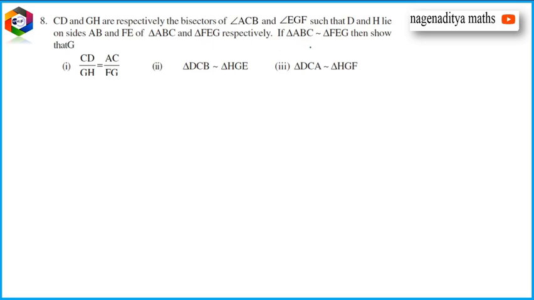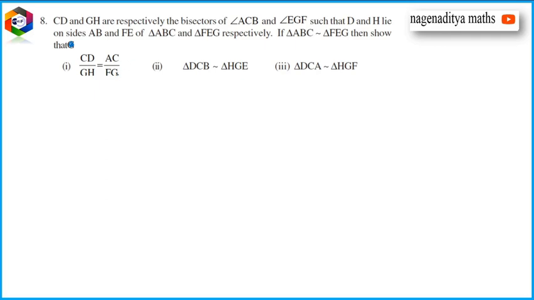If triangle ABC is similar to triangle FEG, then show that: first, CD by GH is equal to AC by FG; second, triangle DCB is similar to triangle HGE; and third, triangle DCE is similar to triangle HGF. So we have to prove these 3 questions. The first one is we have to prove CD by GH is equal to AC by FG.